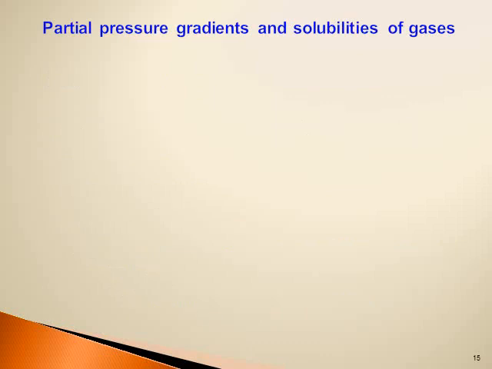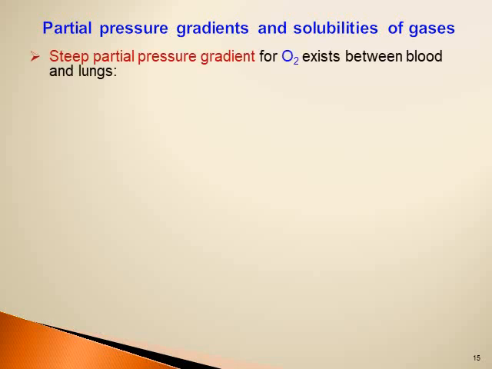The partial pressure gradients and the solubilities of gases help this gas exchange. The steep partial pressure gradient for oxygen exists between blood and the alveoli. Alveolar partial pressure of oxygen is 104 or 105 millimeter mercury.